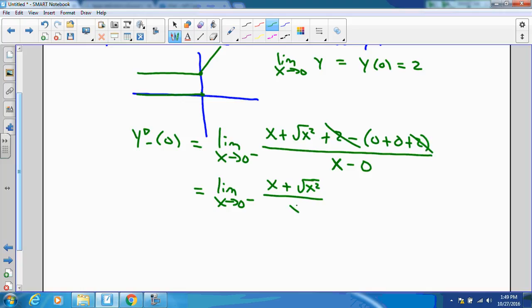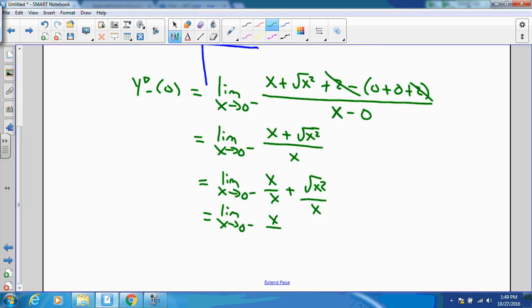Now my 2's cancel, which is nice. And I look at this limit, and it's got the form of 0 over 0. Not really sure what to do with that, but one way I can handle this is to split it up. And then I think to myself, what is another way to think of the square root of x squared? Absolute value of x. Yep, exactly.